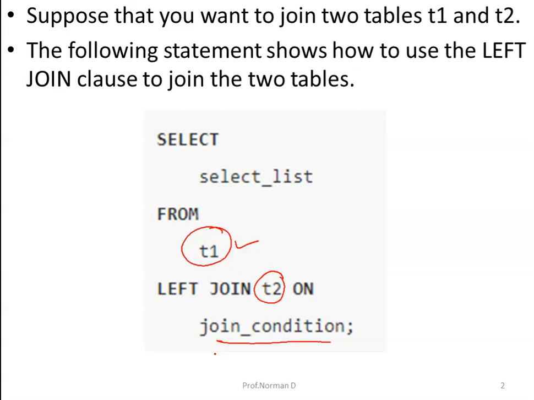In other words, left join returns all rows from the left table regardless of whether a row from the left table has a matching row from the right table or not. If there is no match, the columns of the rows from the right table will contain null values.